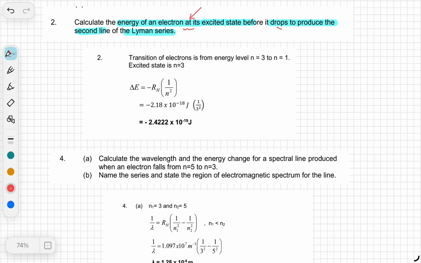But let's say if you are using the Rydberg formula, whereby N initial squared minus N final squared, you would end up getting a negative answer. So this negative here for transition simply means that, therefore, energy released or energy emitted equals to 1.55 times 10 to the power of negative 19 joule.